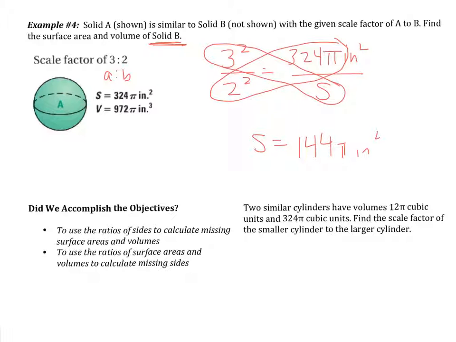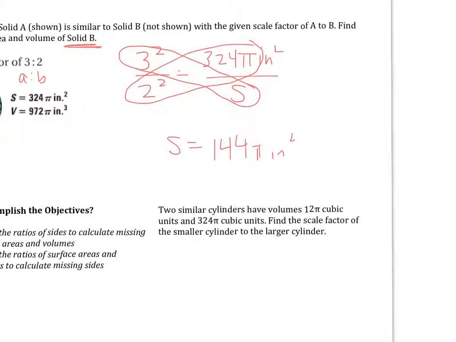All right, so find the missing volume. Pretty much the same concept except cube this time. So 3 cubed is to 2 cubed as, this time, 972 pi inches cubed is to the volume.